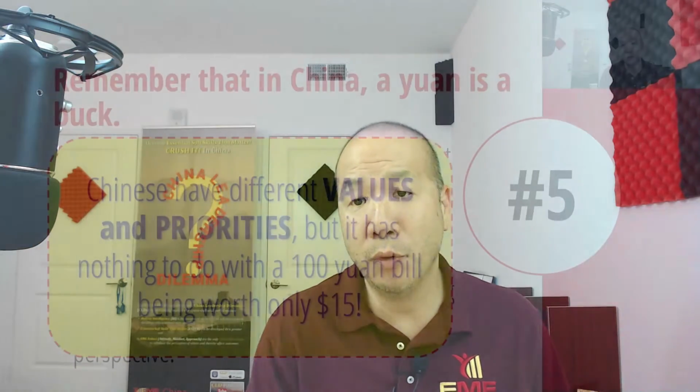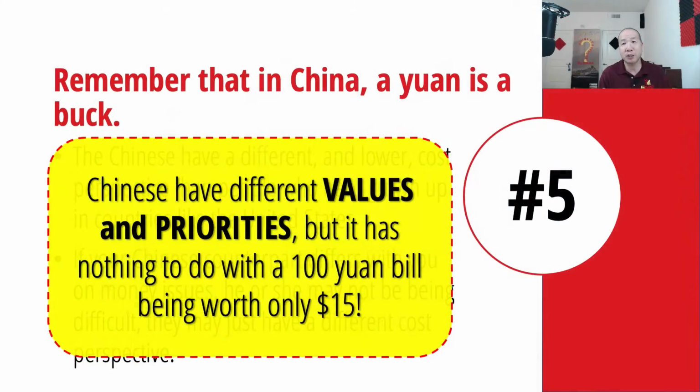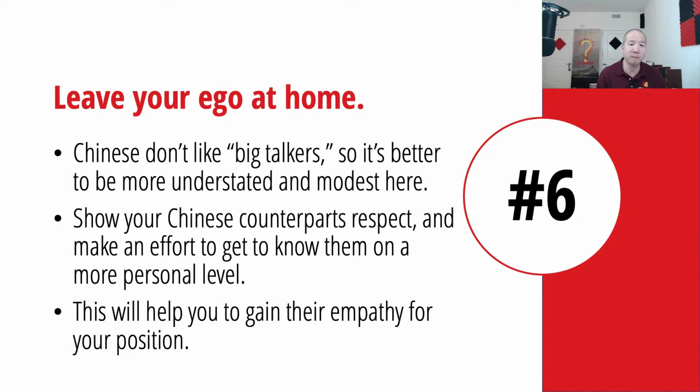It just really doesn't have anything to do with the 100 yuan bill being worth only $15. So when you go in the link and you read the article and you get to tip number 5, I would actually almost kind of ignore that. But the point is important. The point is that Chinese have different values and different priorities, and that's what you really need to focus on.